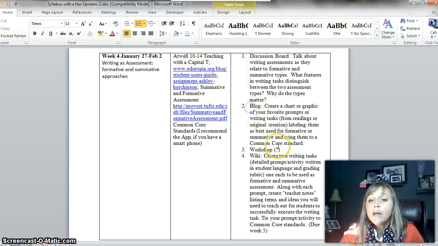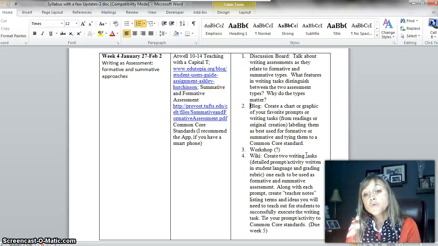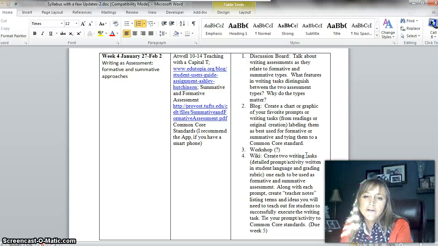Second, for the blog, we're going to create a chart or graphic. I want to mix it up a little bit, of your favorite prompts or writing tasks, either from the readings or from original creation, and I want you to label them next to it, maybe in your chart, as how they would be a formative or summative assessment, which one you think they'd fit best, or if both, and then tie them into a Common Core standard. How do they fit into our standards?